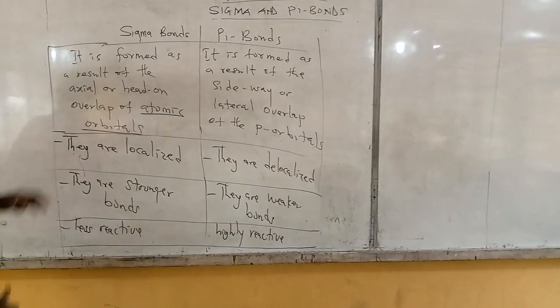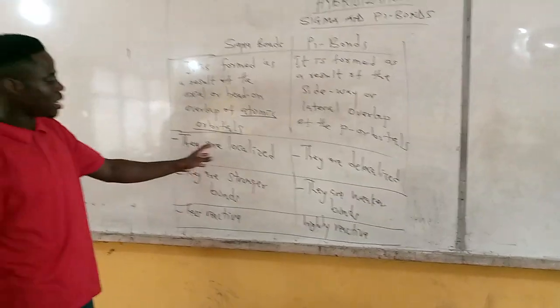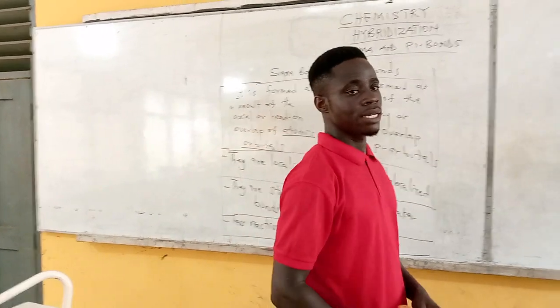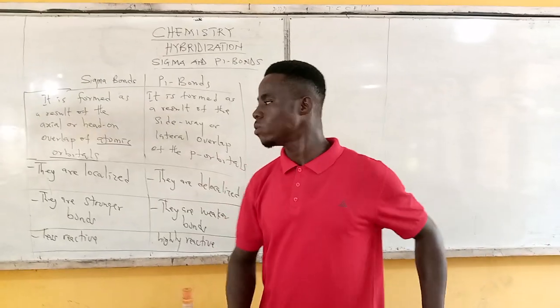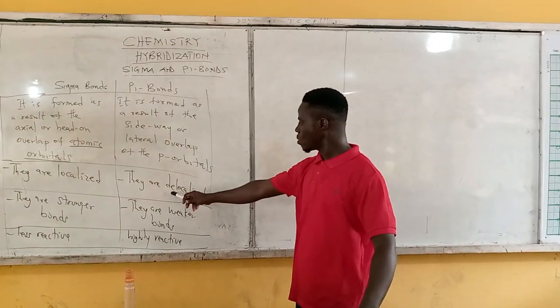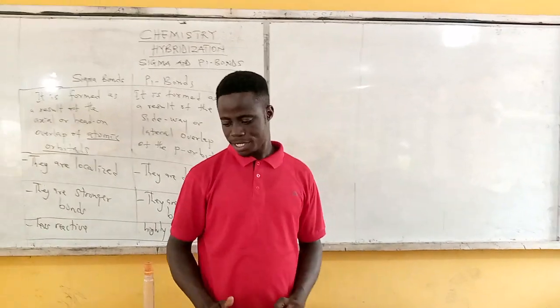Having said all this, we can also see from this angle that since they are localized, in terms of conduction of electricity, sigma bonds wouldn't be able to conduct electricity. But pi bonds, because of their delocalized electrons, are able to conduct electricity.